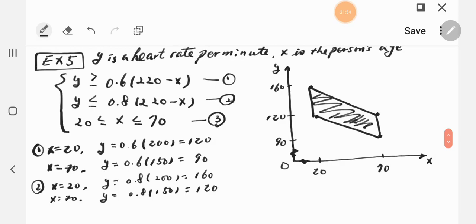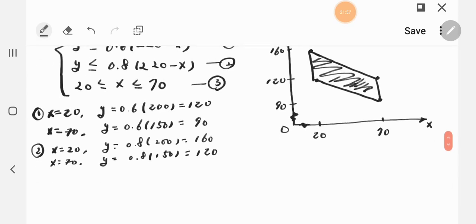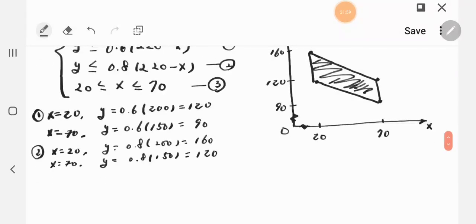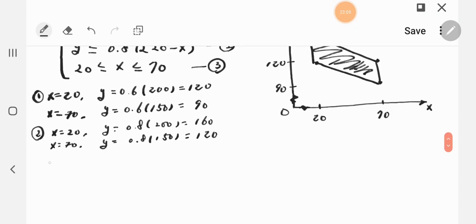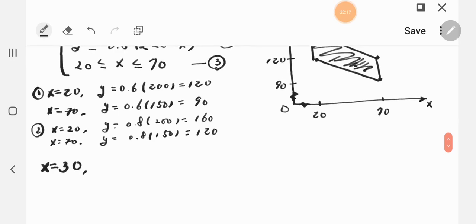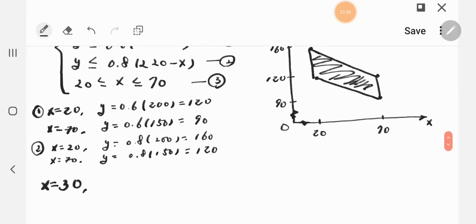Okay, then from this one, they are asking to determine the targeted exercise heart rate range for Emily, who just turned 30. So if the age is 30, what would be the heart rate range for this person? If x equals 30, let's find the y value from the first inequality.